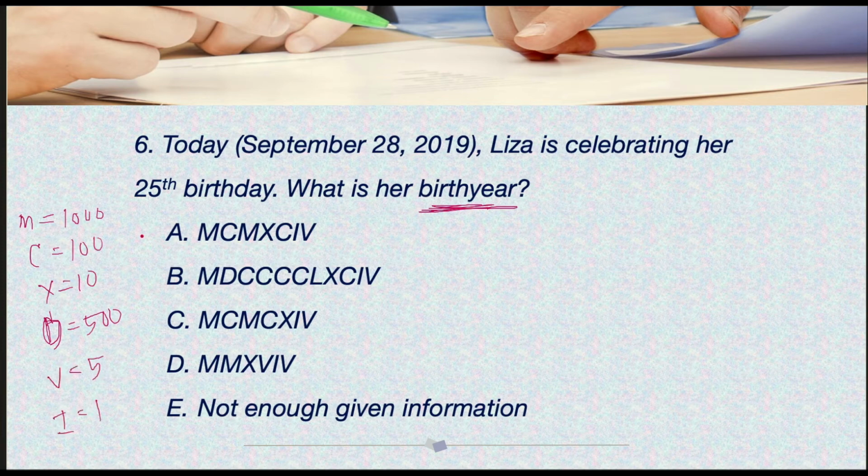You know that. Okay, so if Liza is celebrating today 2019 as 25th birthday, so what is the birth year? So very easy. 2019 minus 25, the answer is 1994. Correct? Yes, 1994. So which of the choices here represents 1994?